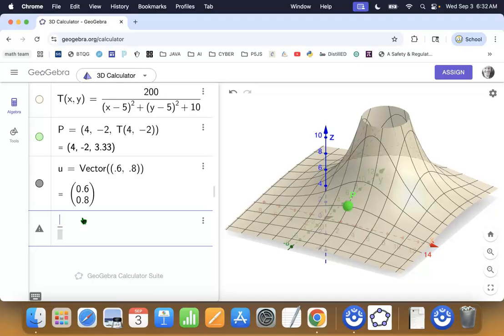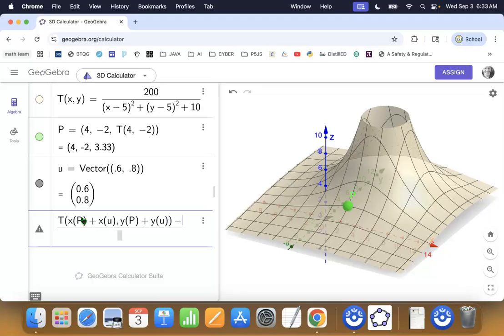We'll take a very, very small step. So I'm going to go T of x of P plus the x coordinate of the u vector. And then it is y of P plus the y coordinate of the u vector.